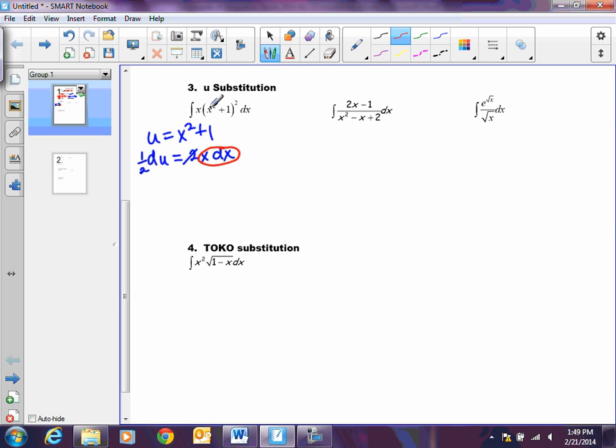So u is x squared plus 1, and everything else can be substituted with the du. And it can. So this becomes 1/2 u squared du.